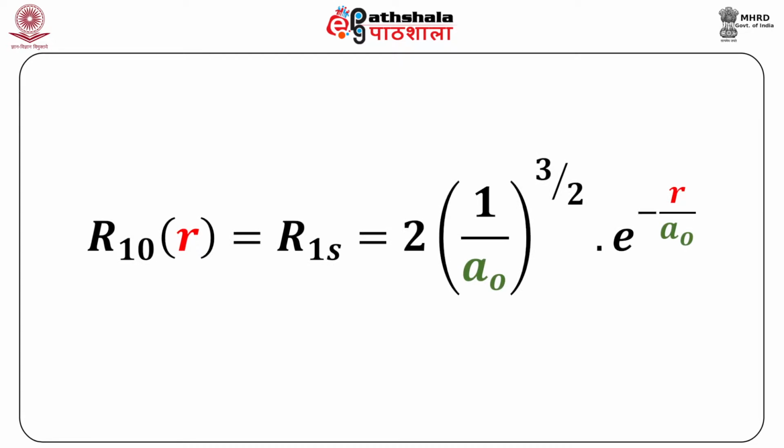If we now put it back into the radial function and put in the values of n and L, our final form of the radial function becomes R₁₀(r), which we can call R₁s because R₁₀ corresponds to the 1s atomic orbital.